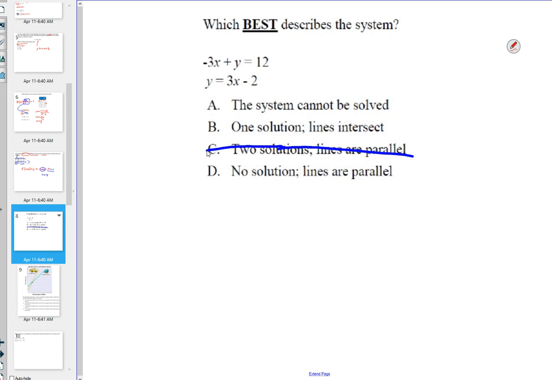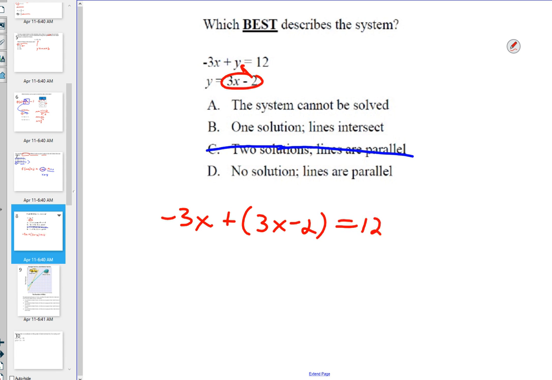What would be the best method for this system? Substitution. Since I know the value of y, I can substitute. Only the ones that were with me first semester did this with me before. So -3x plus, and then instead of the y, we would write 3x minus 2, is equal to 12.